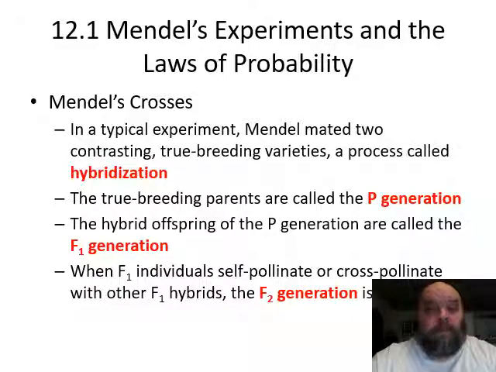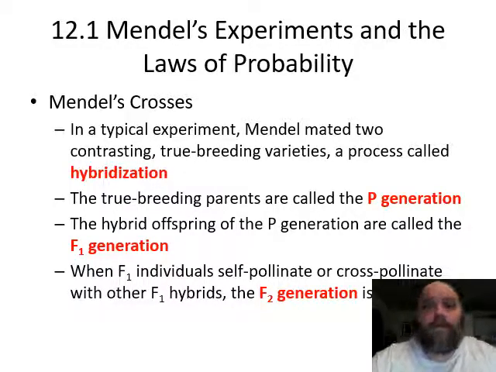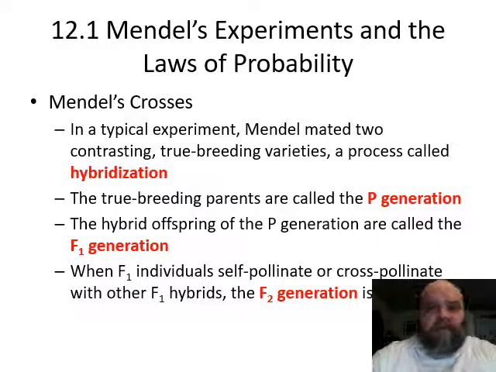So, to get around that, he developed his own words. He developed his own nomenclature, which he then presented to everybody when he published all his work, and said, here's how we're going to talk about things. The parents, what you start off with, the P generation. P male, P female. Hybridize those together. Their first generation of offspring are referred to as the F1 generation.